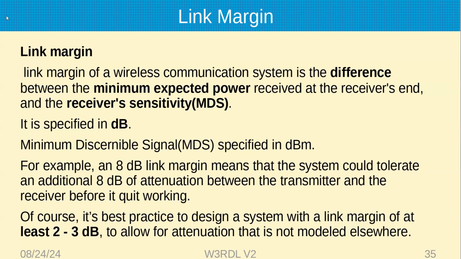So you look at what your minimum signal is that you can receive with your receiver, and then the power coming in and all the losses, and that difference is the margin that you have. So you want to have probably at least 2 or 3 dB margin, because things vary a little bit. Propagation won't be the same.